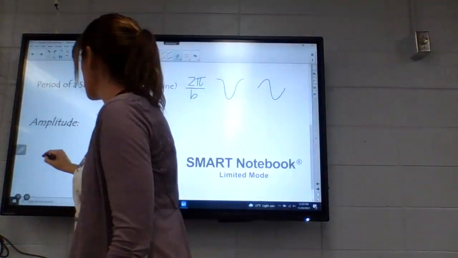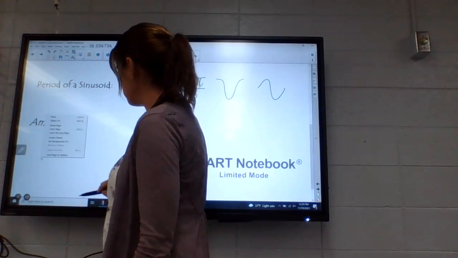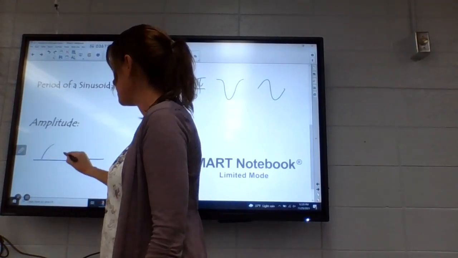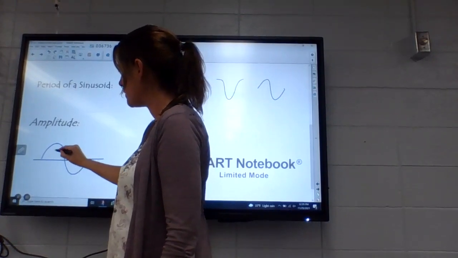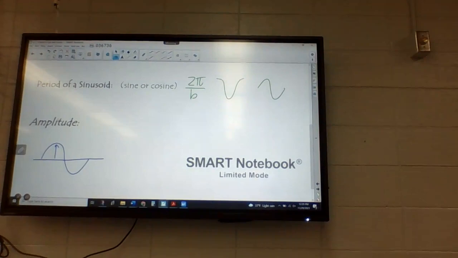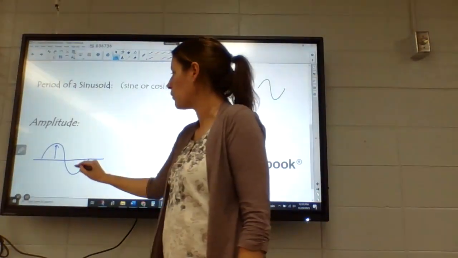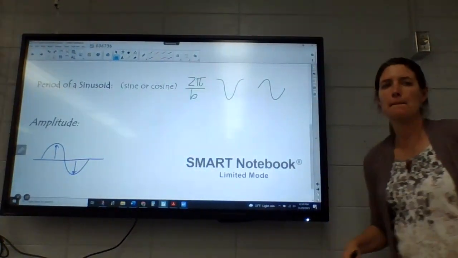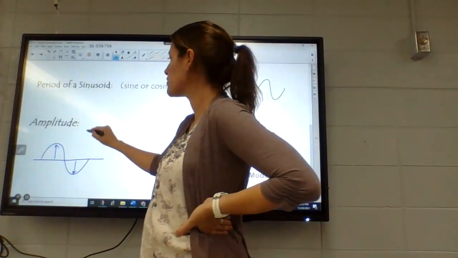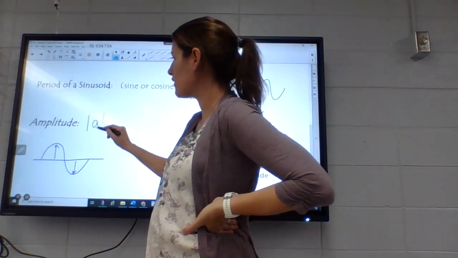There's a center line. The amplitude would be how high above that center line it goes, or how low, but not the two together, so it's one way or the other. And that comes from the absolute value of A.